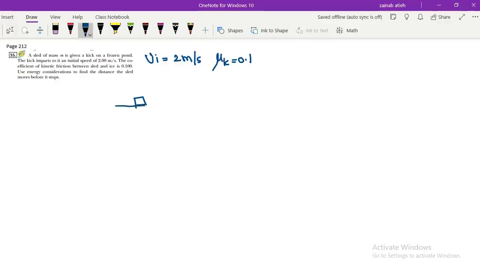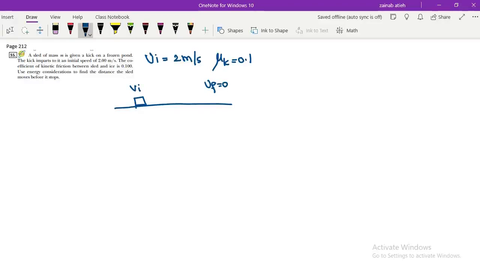This is a sled or a box, anything. This is the ground. It will move and it will stop when its final speed is equal to 0. So it starts with an initial speed and ends up with a final speed 0.